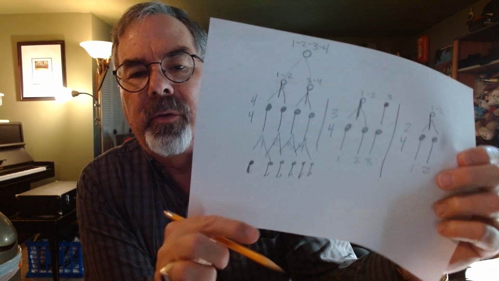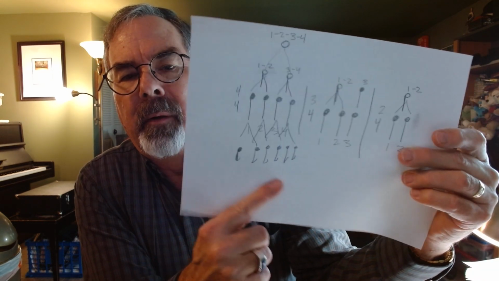It looks like a quarter note, except it has a little flag on it. So let me finish drawing this for you. Okay, so they look like this down here.